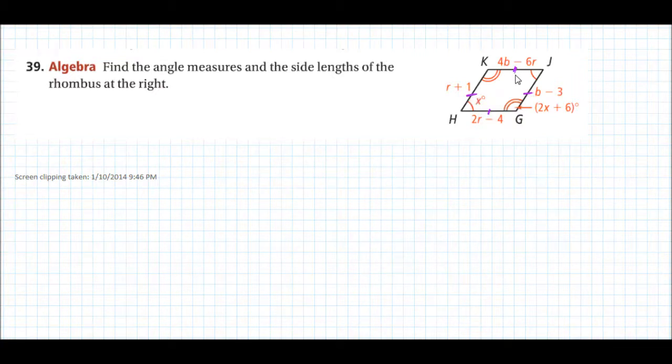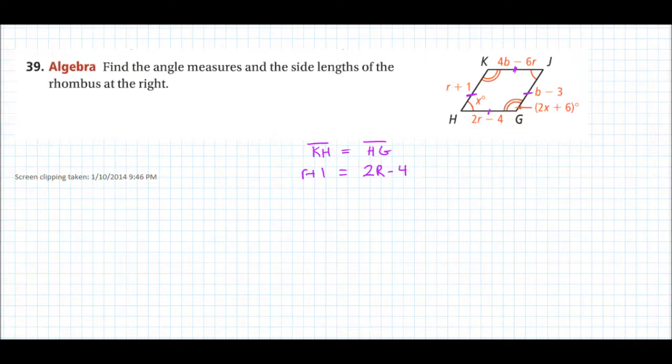So let's look for an easy one to solve for. Well, I see segment HK, and we can say it's equal to all of them, so we'll say it's equal to HG. Well, KH has a length of r plus 1, and HG has a length of 2r minus 4.